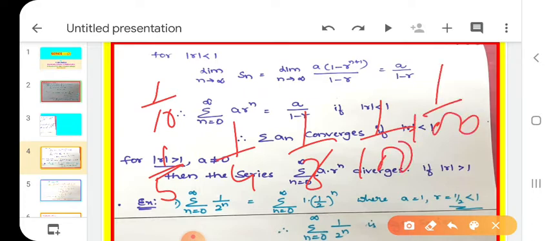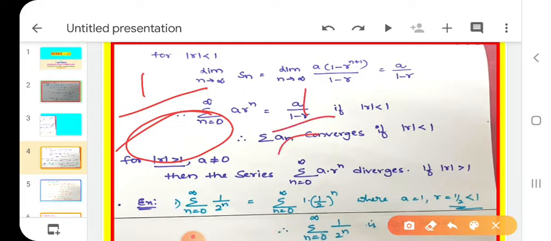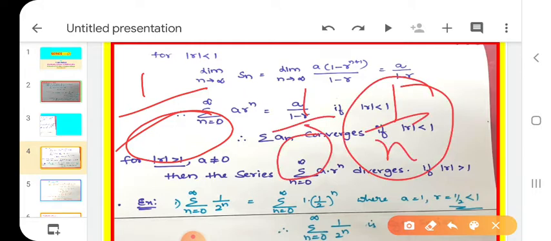That means we have in the numerator only 1, and in the denominator any number we write. Any number in this form, 1 by n form, lies between 0 to 1 only.